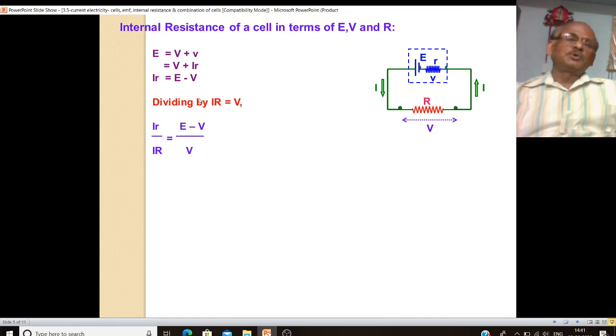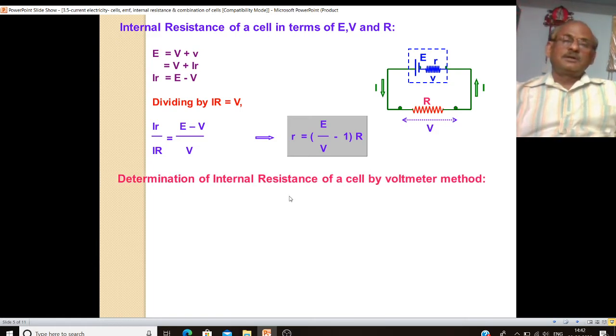If we divide both sides by IR equal to V, from Ohm's law, then we will get r equal to (E by V minus 1) into R. So it is the relation of internal resistance with EMF, terminal potential difference, and load resistance. How can we determine the internal resistance of a cell by a voltmeter?